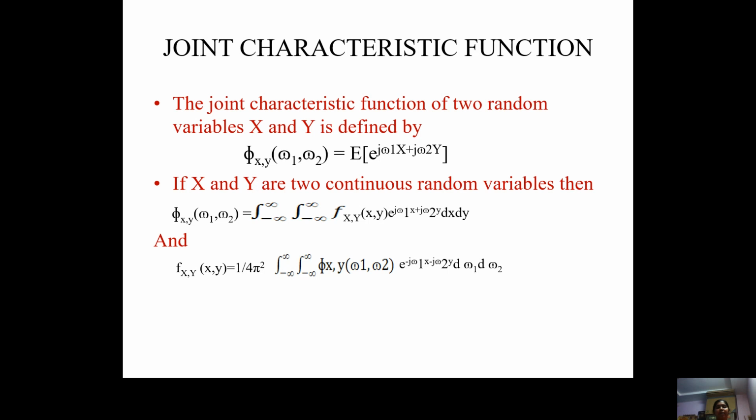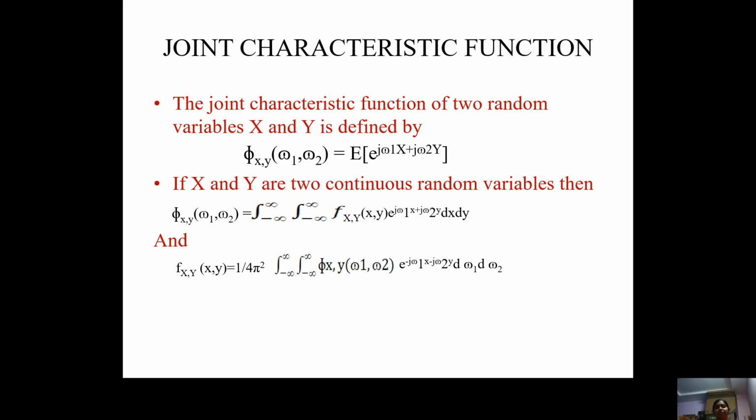Here fxy of x comma y, which is the joint probability density function, can be calculated using the formula fxy of xy equals 1 by 4 pi square, double integral from minus infinity to infinity of phi xy of omega 1 omega 2 e power minus j omega 1 x minus j omega 2 y d omega 1 d omega 2.